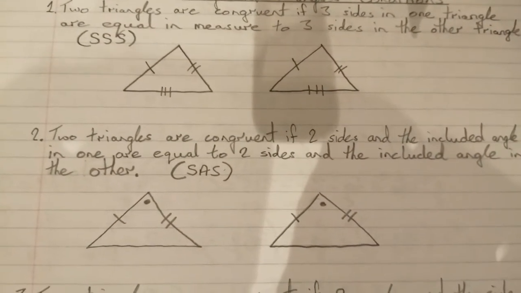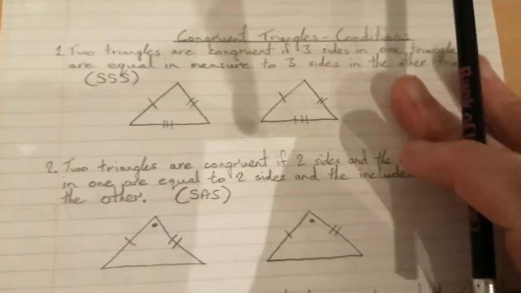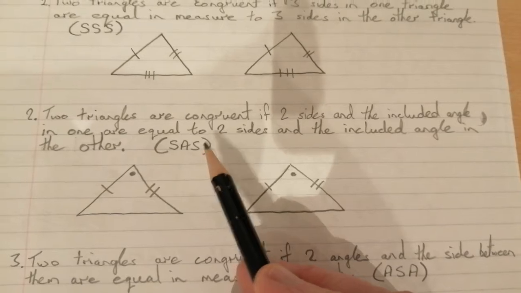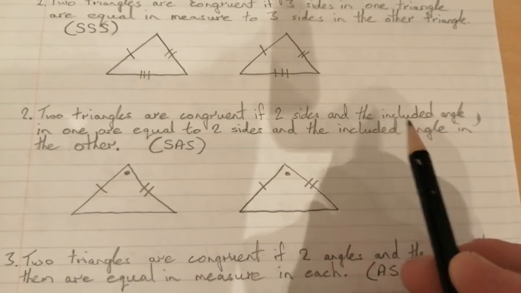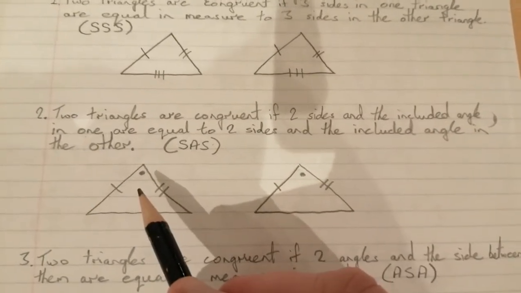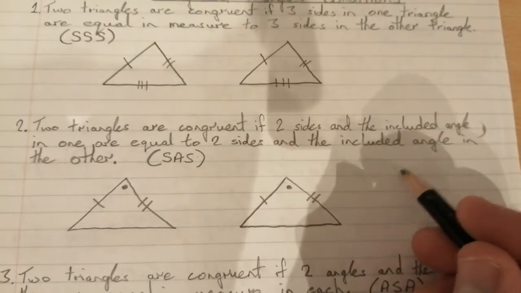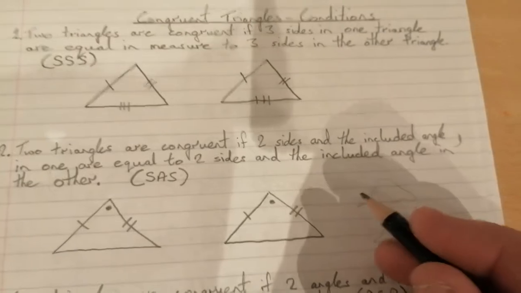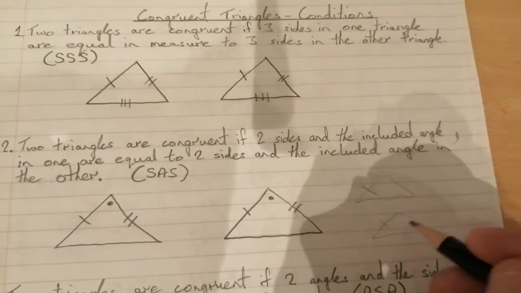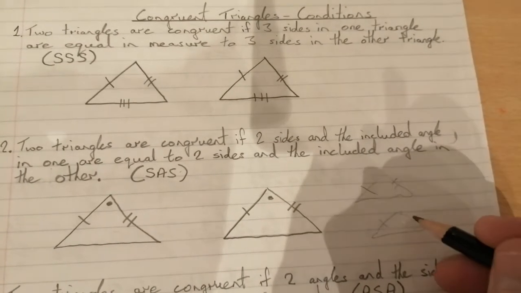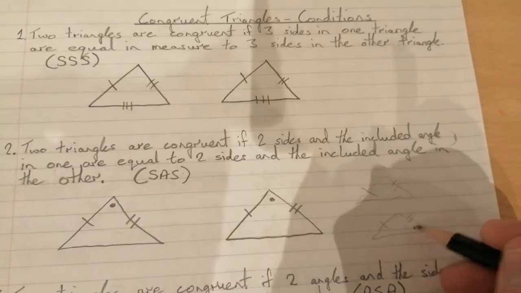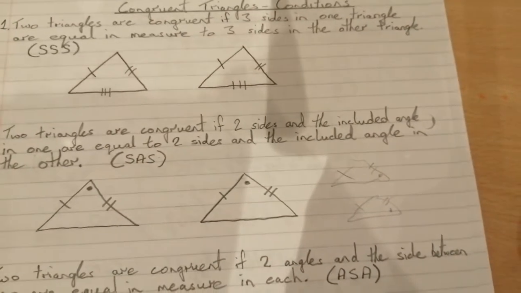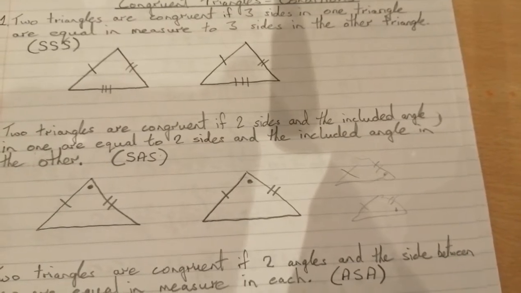They're definitely identical. But it's very important to note for this one as well that it has to be in this order, side, angle, side, or the angle has to be the included angle. So for instance, if I had 2 triangles here, and I knew that this side was equal to this side, and this side was equal to this side, and I knew that this angle was equal to this angle, I couldn't say for sure that these 2 triangles were congruent.